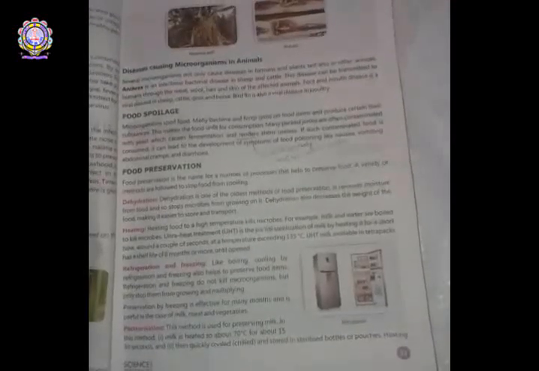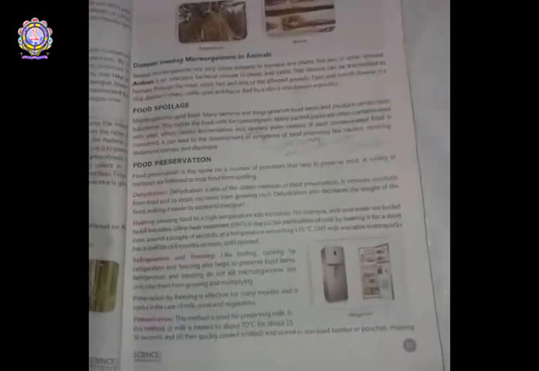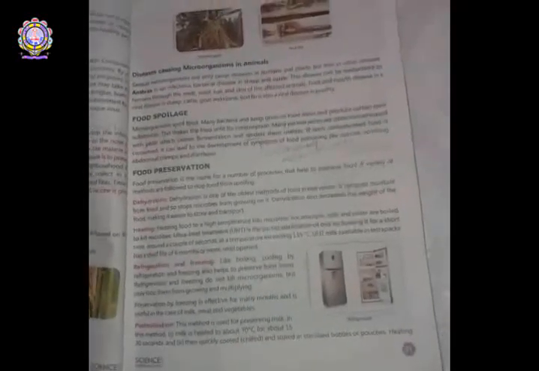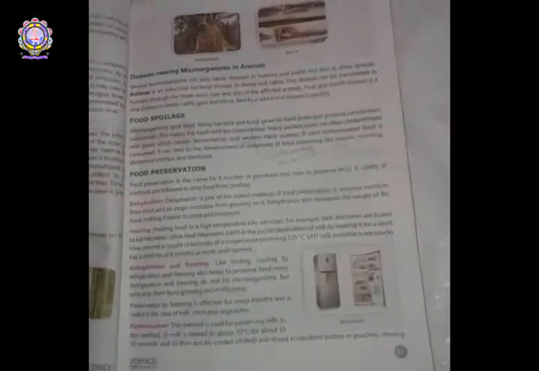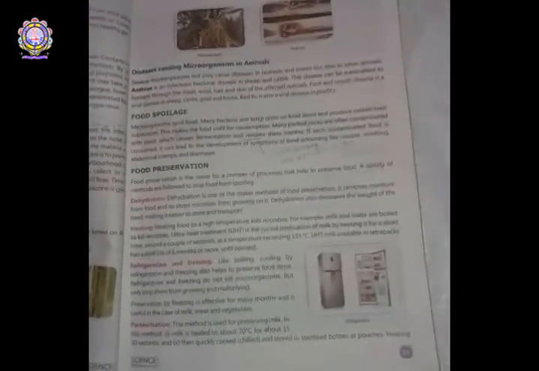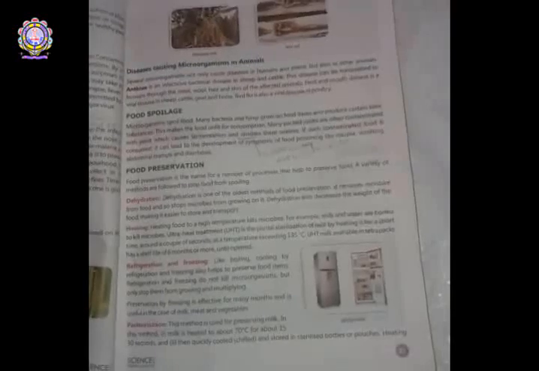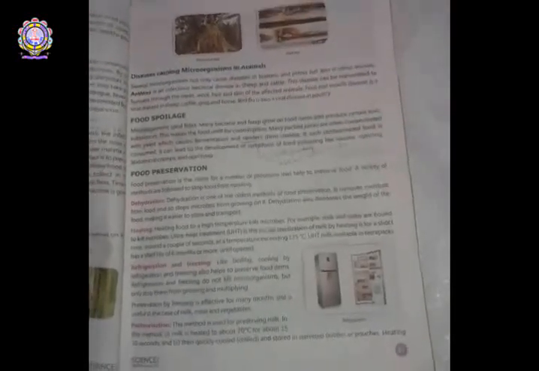Ultra heat treatment means very high temperature, because the maximum boiling point of water is 100 degrees Celsius, and in this technique the temperature is 135, higher than water. At this temperature, microbes have no possibility of growing.